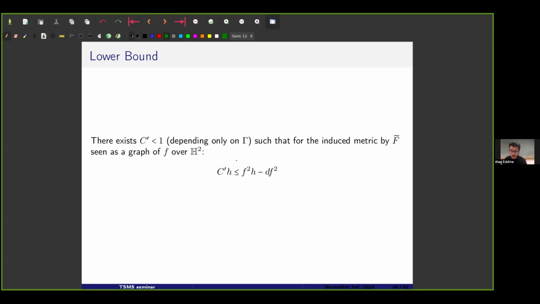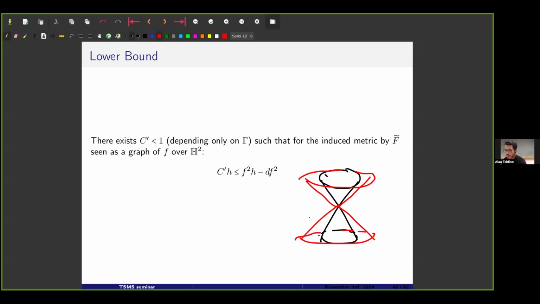I just want to say that this is equivalent to saying that, if we have the isotropic cone, there exists a bigger cone such that the tangent space of f tilde of sigma tilde will be always outside this cone.